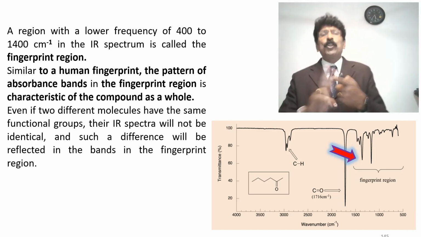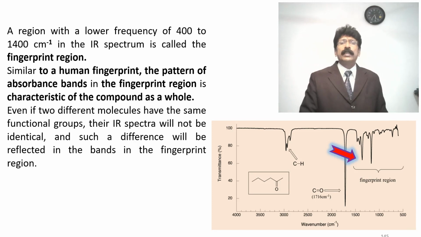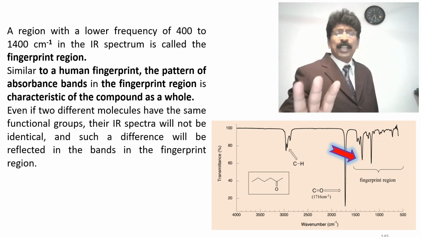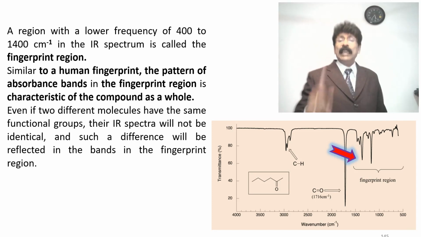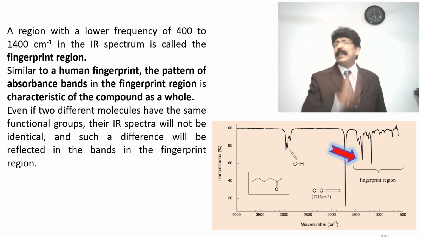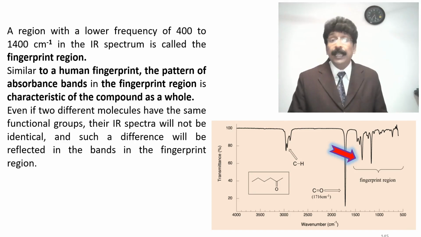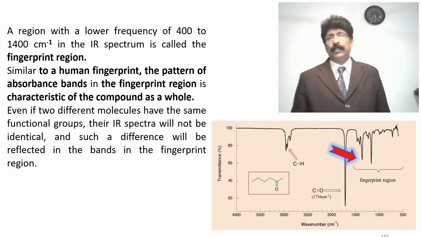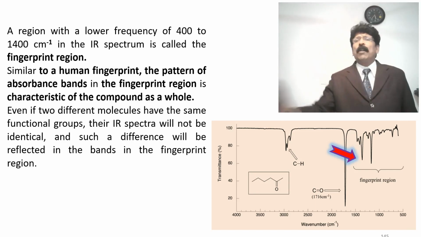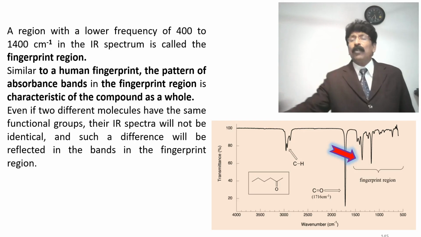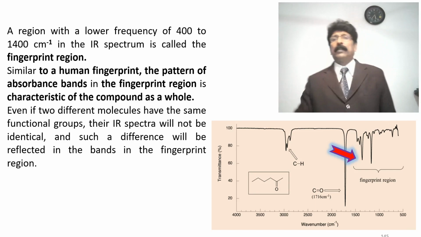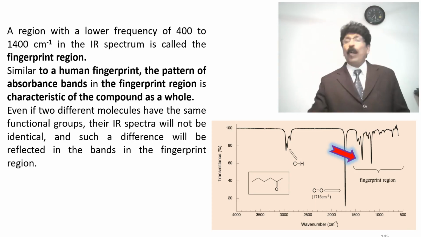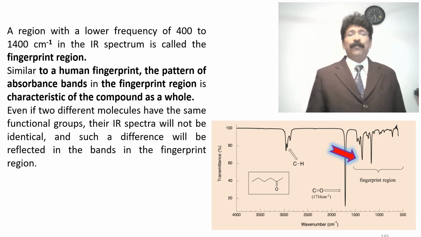Even if two different molecules have the same functional group, their IR spectrum will not be identical, and such a difference will be reflected in the bands of the fingerprint region. So it tells us that this is not the compound which we have identified, this is a different one, or this is the same one, and that can be decided by the fingerprint.